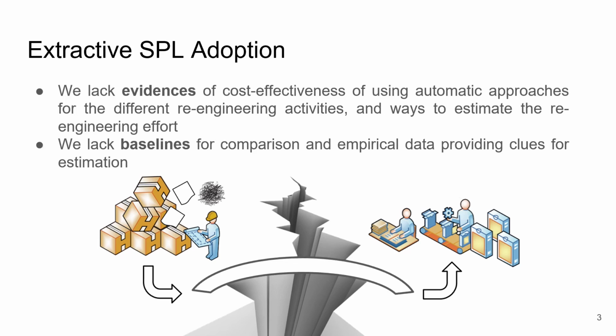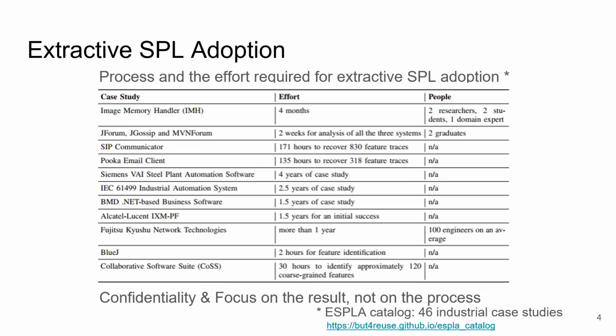In this research field, every year new automatic approaches appear to support the reengineering activities, but generally we lack evidence about how cost-effective they are. We lack baselines for comparison and baselines measuring the needed effort. In the literature, we don't have much information about the process and the effort required for extractive adoption.